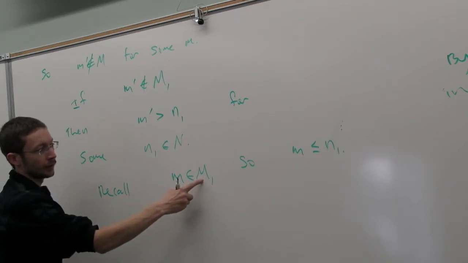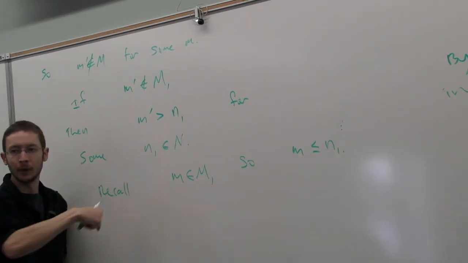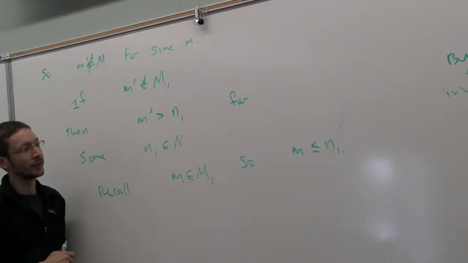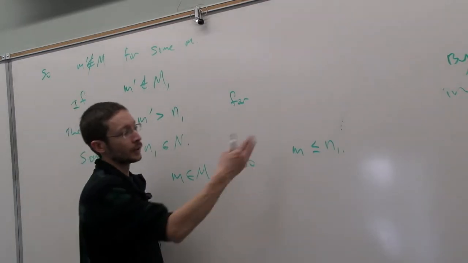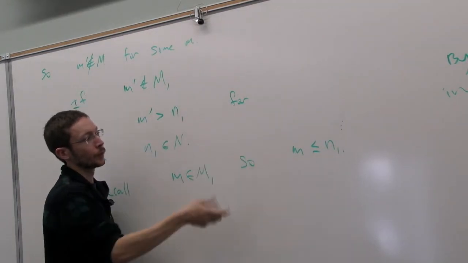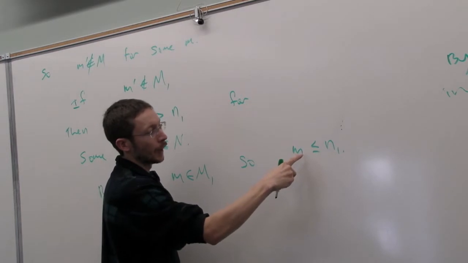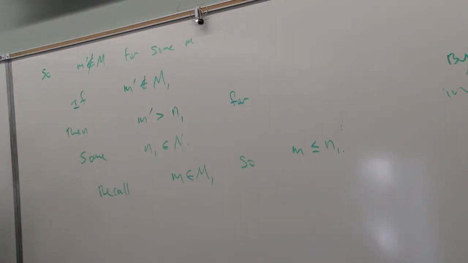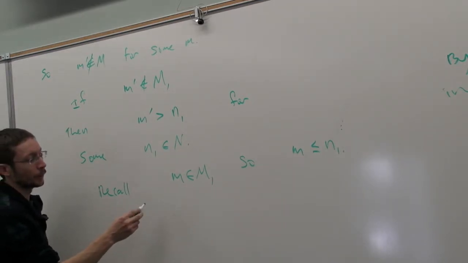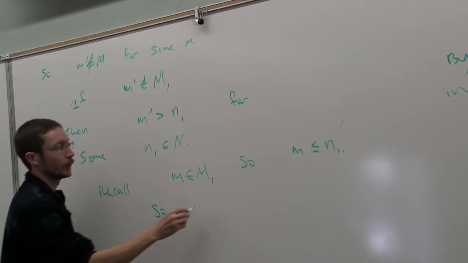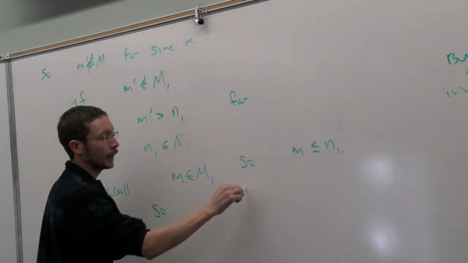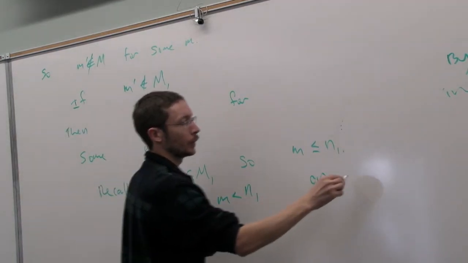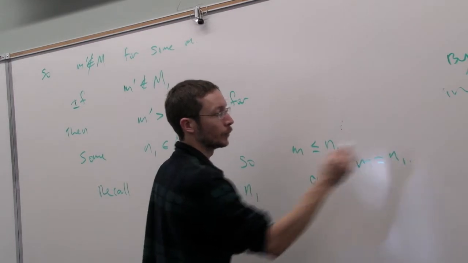Right, because the definition of M says pick up all the numbers that are smaller than or equal to all elements of N. We know the successor is larger, and so what that tells us is that M has to be smaller than or equal to N1. And so one of two relations must hold. Either M is less than N1 or M is equal to N1.